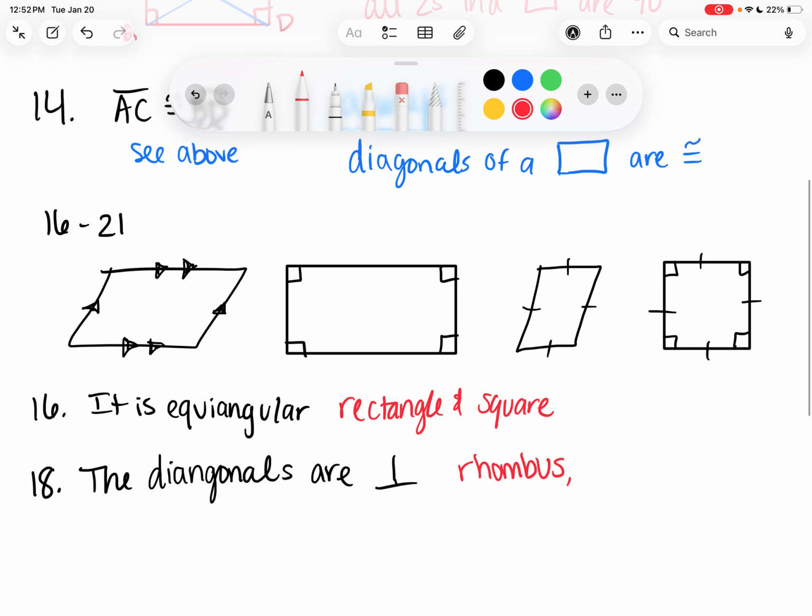A parallelogram could be a rhombus, but it doesn't have to be. If it doesn't have 4 congruent sides, it can't be. So, rhombus and then a square. A square is always a rhombus. There's no proofs, right? Well, there are, but we're not doing them.